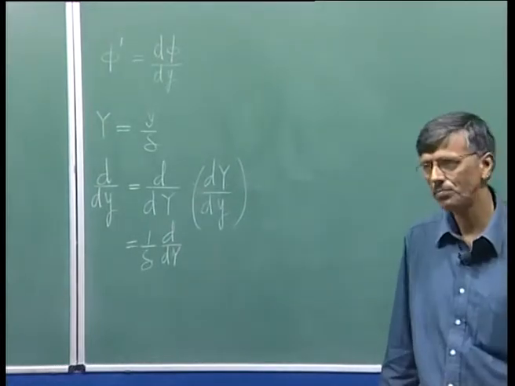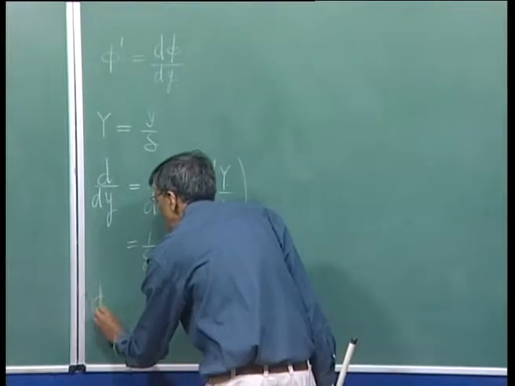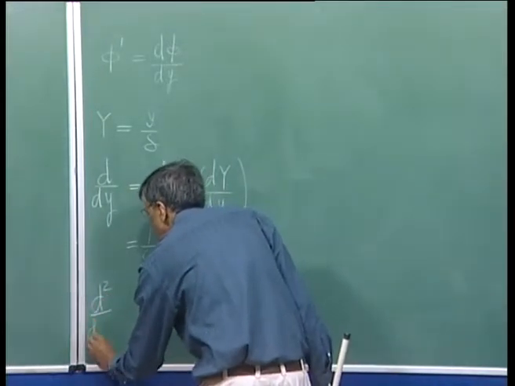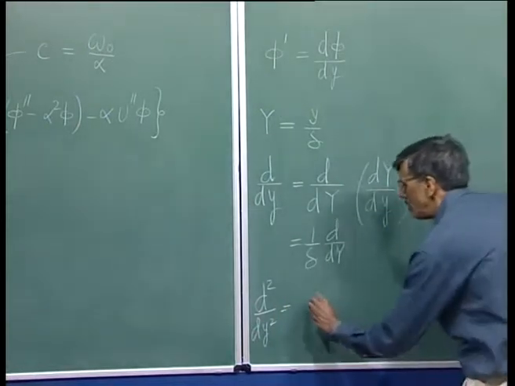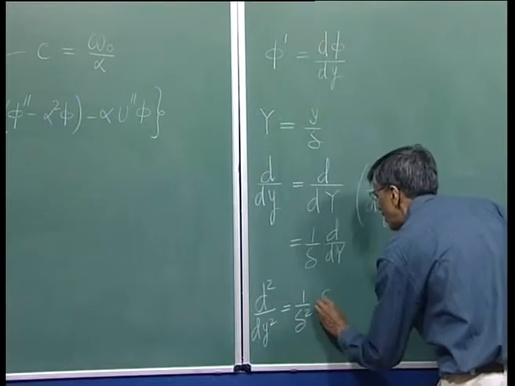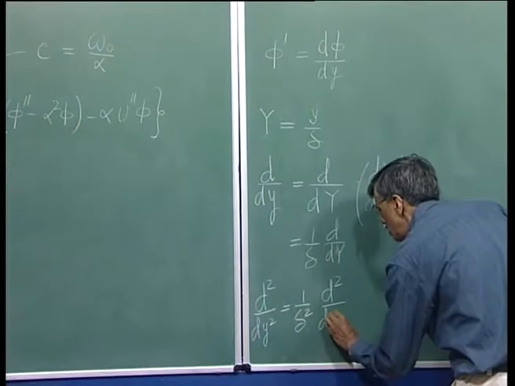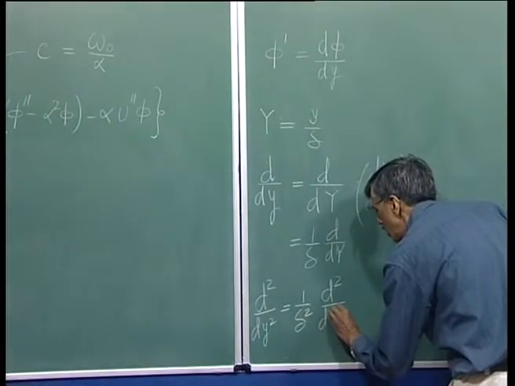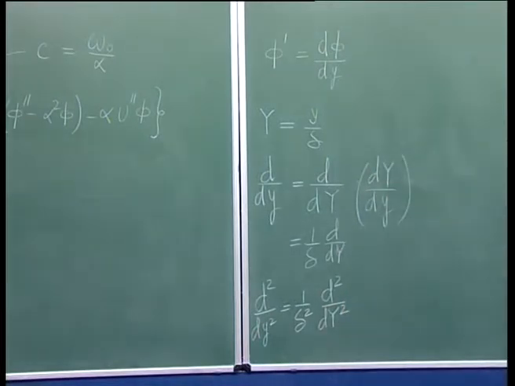Right? So, you can carry on the story further. You can obtain the second derivative. What will that be? 1 over delta square, and so on and so forth, and you do that.